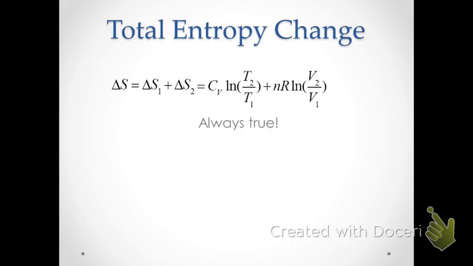Recall, for example, that for the adiabatic reversible process, delta S would be equal to 0. Well, if you use this equation with the initial and final temperatures and the initial and final volumes of an adiabatic reversible process, you would find indeed that delta S was equal to 0 for this reversible adiabatic.